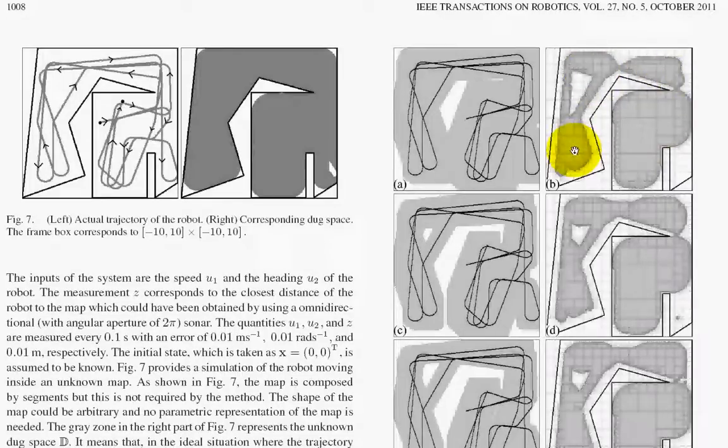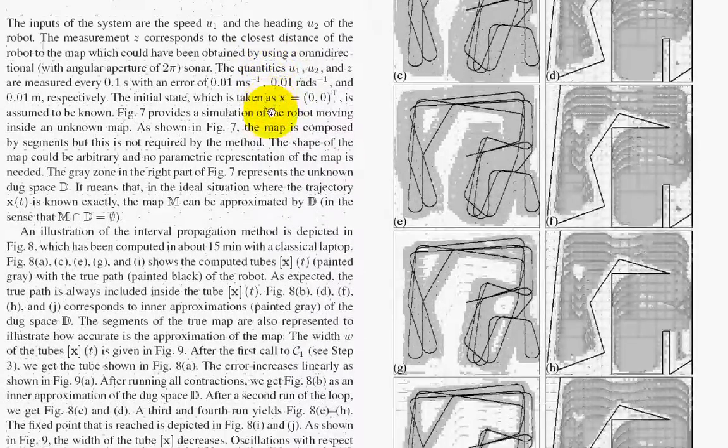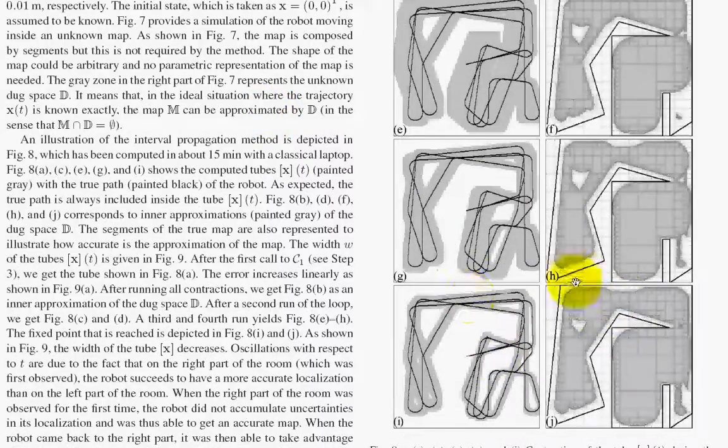But the inner approximation can help to decrease the size of the envelope containing the trajectory, and reciprocally, if you increase the precision of the trajectory, then of course you will be able to have a better inner approximation of the map, in the ideal situation, to converge to this. As presented in this paper, that could be obtained once the convergence has taken place.